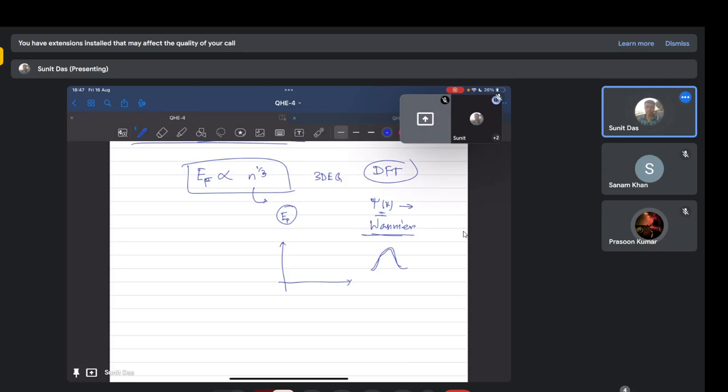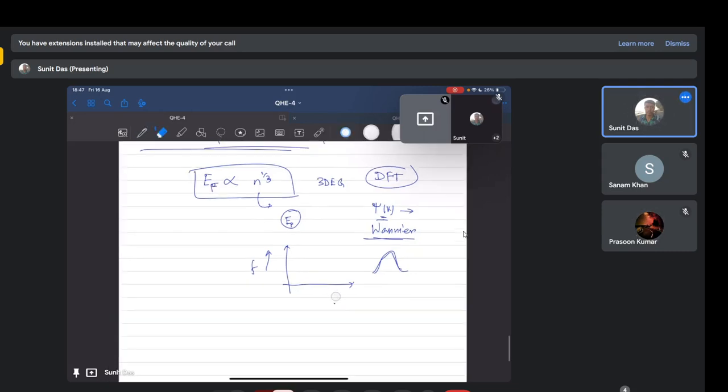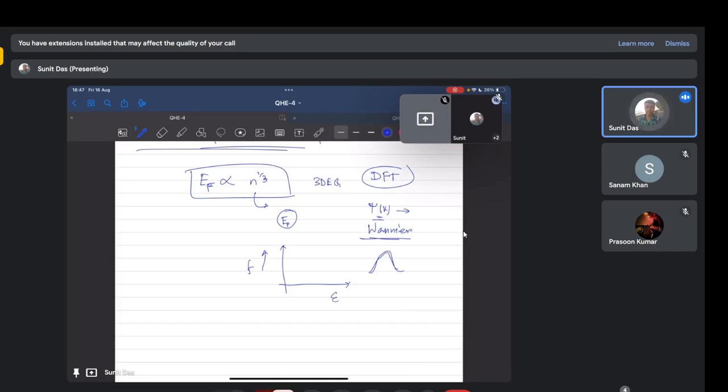So if we plot the Fermi function against energy, at kBT equal to 0 it is a very sharp step. As we increase the temperature, it becomes a little bit smoother, something like this, for some finite temperature T1 greater than 0.